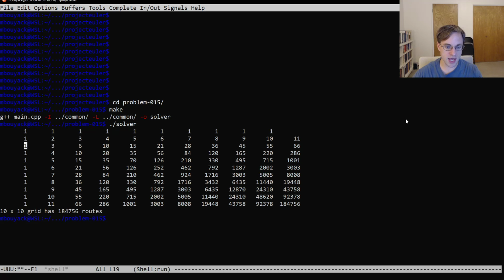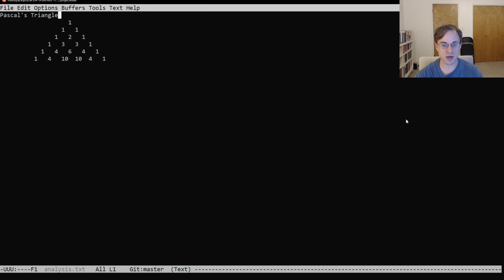In the third diagonal, you have 1, 2, 1. In the fourth diagonal, you have 1, 3, 3, 1, and you'll see that this matches Pascal's triangle. If we go back to Pascal's triangle here, the only difference is that it's turned kind of on its side.